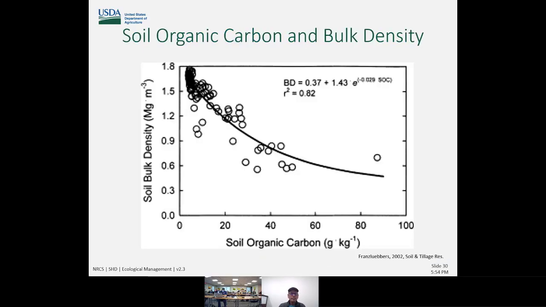And here's the relationship between soil bulk density and soil organic carbon. On the x-axis is the soil organic carbon. And once you have more soil organic carbon, the bulk density is going to be lower.